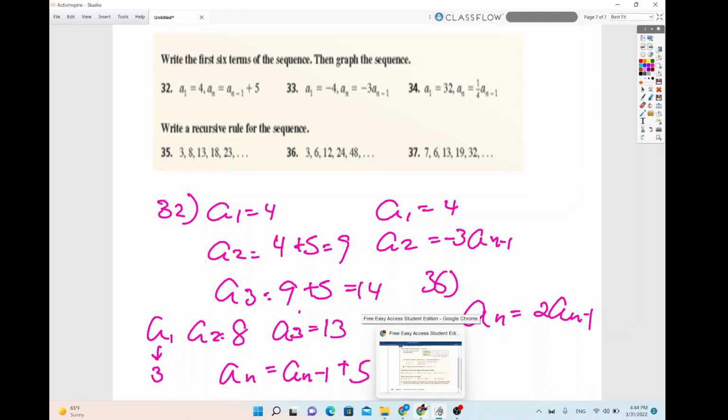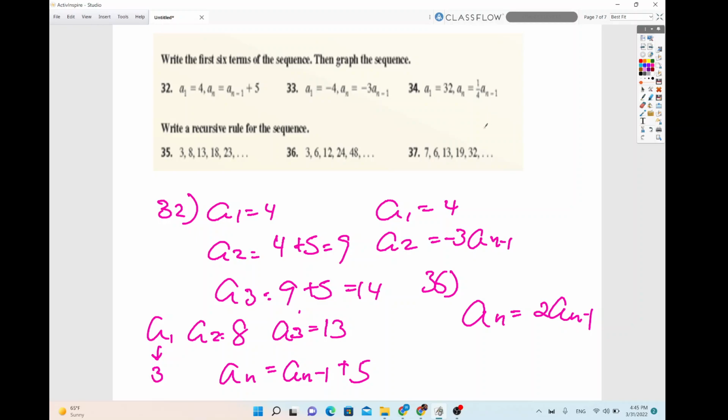So this one, it shows the 7, 6, 13, 19, 32. So 7 to 6. So it looks like subtract 1 and then 6 to 13. Then you increase the sequence, okay?